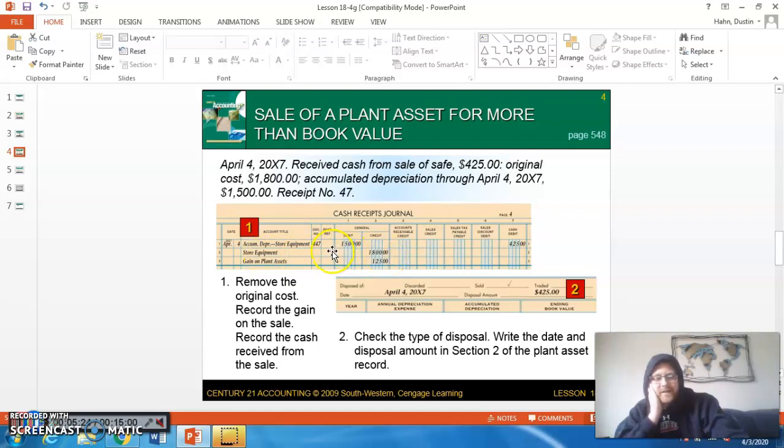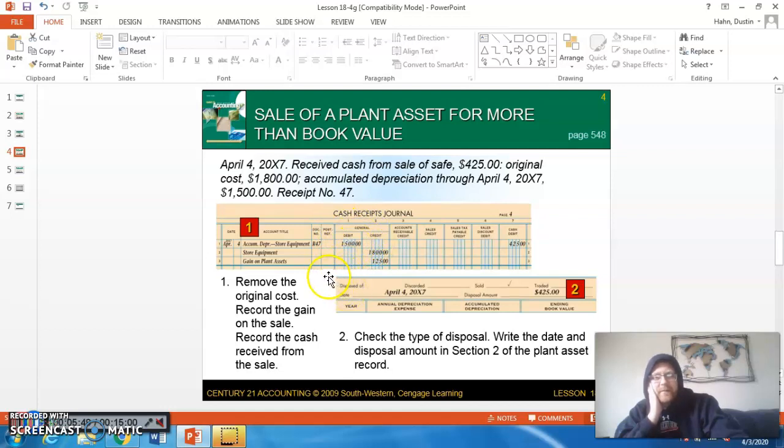Back chapters and chapters ago, we would debit store equipment because we were acquiring it, but now we're getting rid of it. That's why it's now a credit. Store equipment credit 1,800. Accumulated depreciation is 1,500, so right there's your accumulated depreciation.